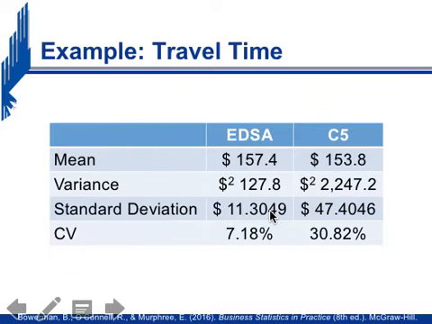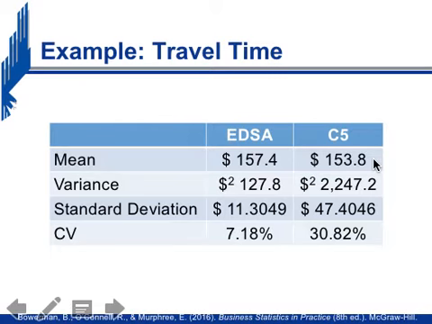If you try to interpret the values here, we can interpret in terms of the measure of central tendency and measures of variation. If you look at the mean, we can see that the average for EDSA is bigger compared to the average for C5. So we can say that on average, the travel time using EDSA is bigger as compared to C5, or travel times using C5 on average is faster.